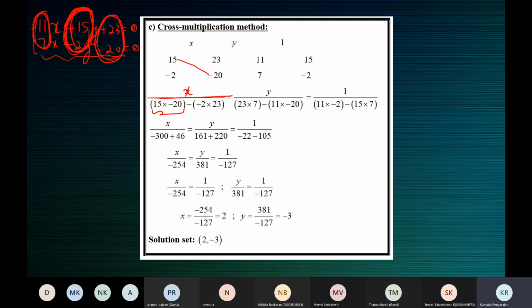This should be written first. X divided by 15 into minus 20. The other product is minus 2 into 23. You should subtract the cross products. I'll show you again.